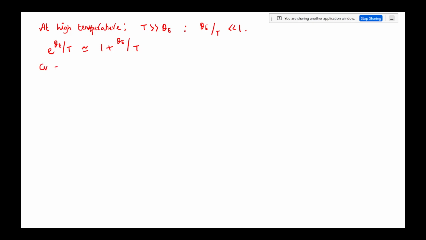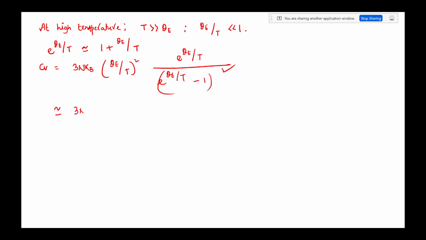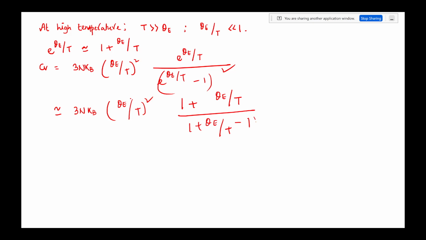Then Cv is 3n kB, theta E by T whole squared, e to the power theta E by T. Now e to the power theta E by T will be 1 plus theta E by T, and the denominator will be 1 plus theta E by T minus 1, squared.